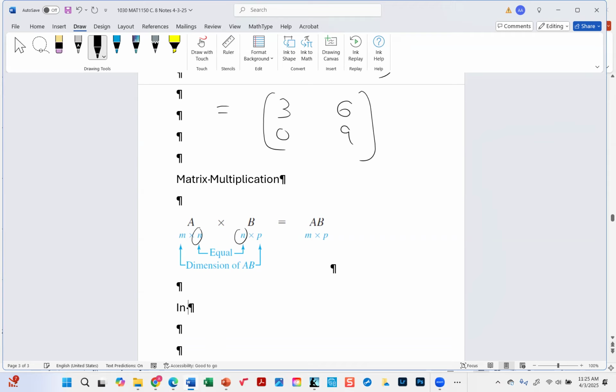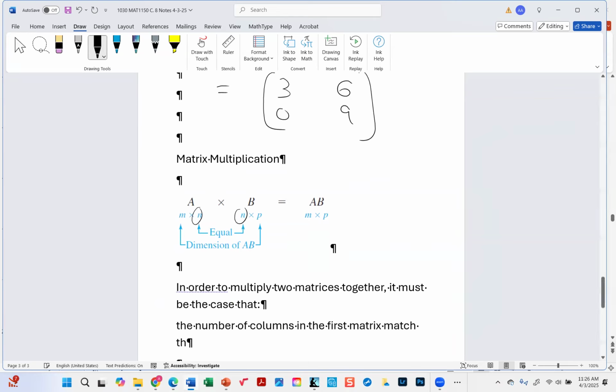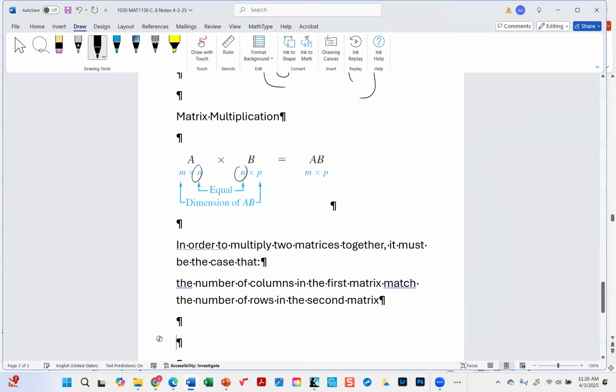In order to multiply two matrices together, it must be the case that the number of columns in the first matrix matches the number of rows in the second matrix. And you notice here, that's exactly what happened.